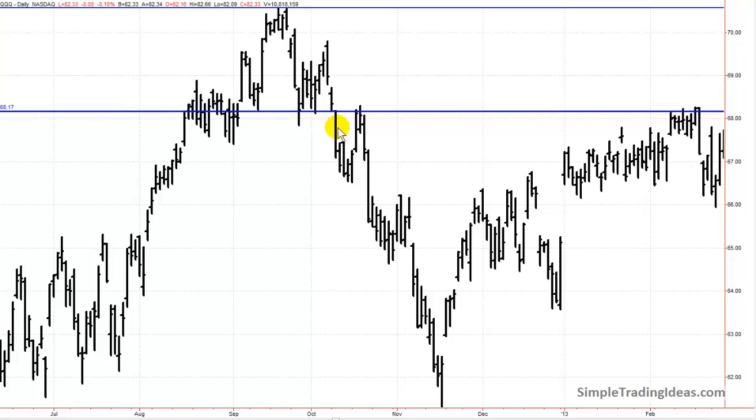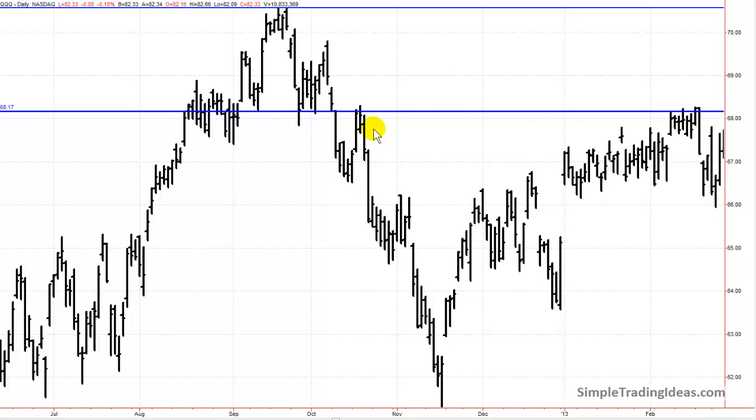It might be, in this case of the QQQ, 25 or 50 cents below that particular level. The reason this is done is to attempt to minimize what are known as false breakouts. You see in this particular case, if a breakout goes down through and then comes back up into this range, you could say, well, that was a false breakout because there was no follow through, no continuation of the breakout to the downside.